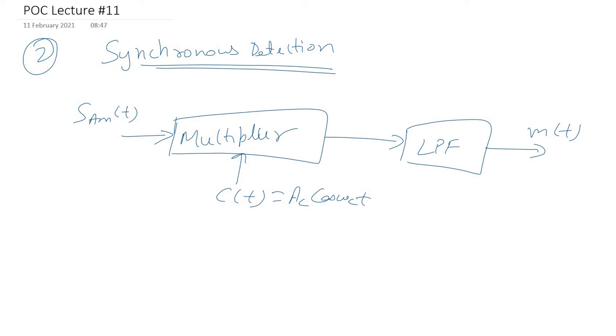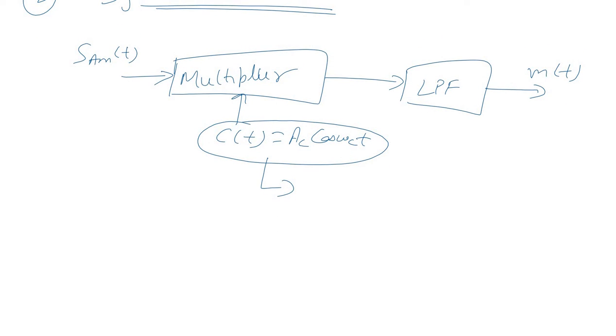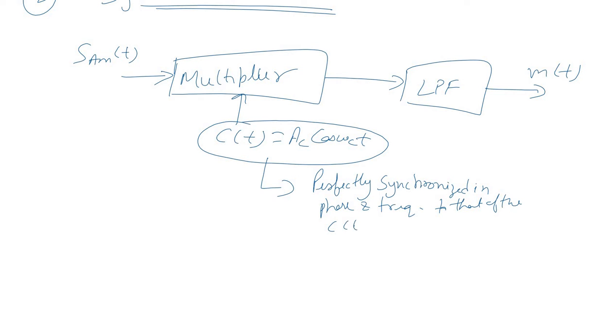So for the perfect reconstruction of the message signal, it is assumed that this carrier signal, which is locally generated through a local oscillator, should be perfectly synchronized in both frequency and phase to that of the carrier signal used at the transmitting end.